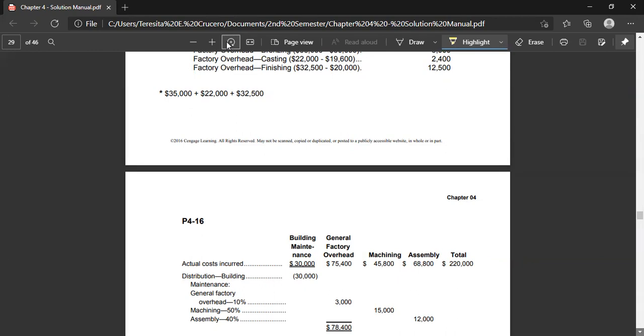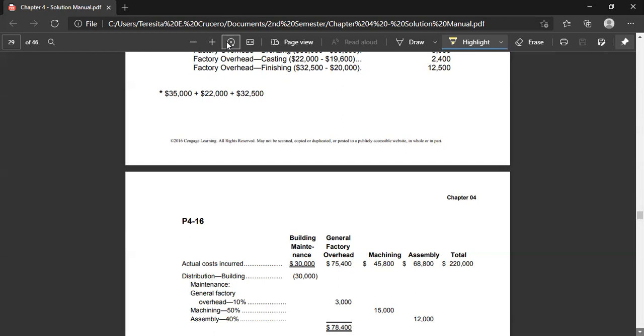In determining the application rates at the beginning of the year, cost allocations were made as follows using the sequential distribution method. Building maintenance, general factory overhead, 10%, machining 50, assembly 40. General factory overhead was distributed according to direct labor hours.